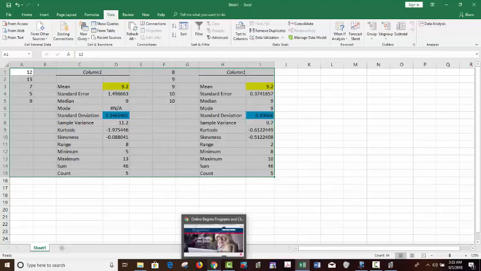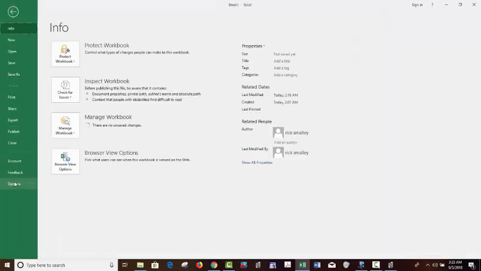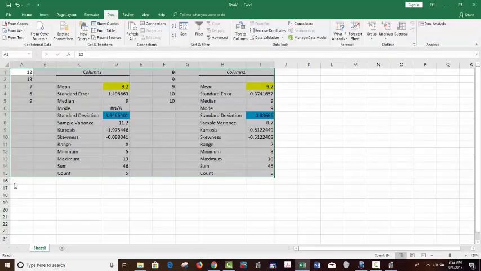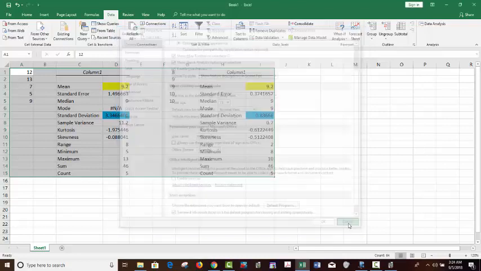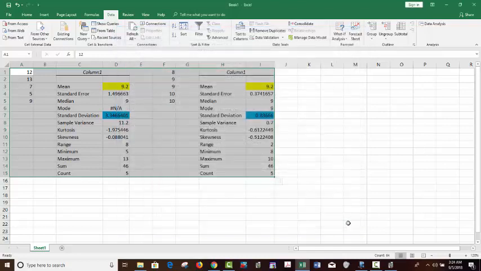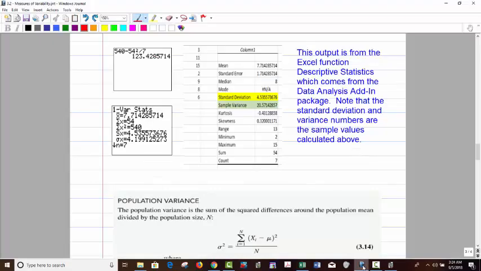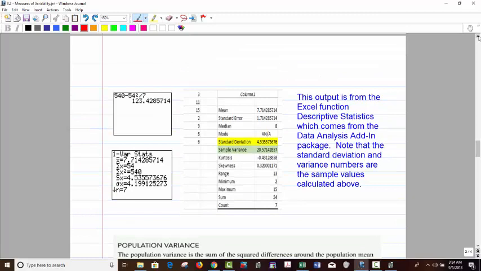If that's not there, you have to do an add-in. I think you go File, Options, Add-ins right there, and go through the process. You could always watch brief YouTube videos that would show you how to do it. That's how I learned stuff I don't know how to do.